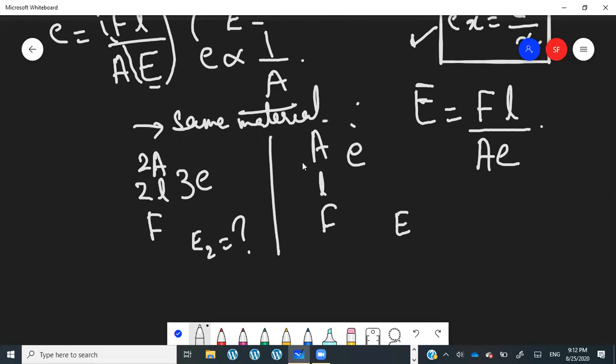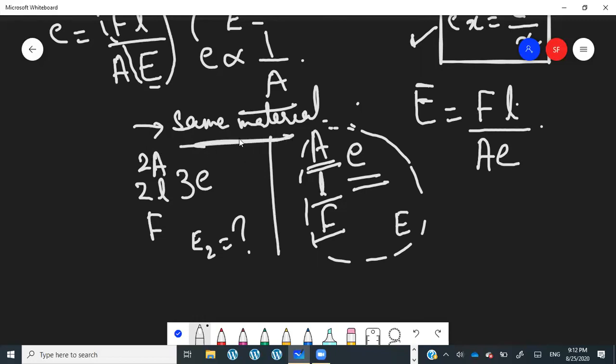Now, this was one wire that is given to you in which the extension was e, area was A, length was L, and force was F. Everything is given to you. We have a second wire of the same material having an area which is double the original area, length which is also double the original length, extension which is thrice the original extension, and force of F. What's going to be the Young's modulus of the second wire?